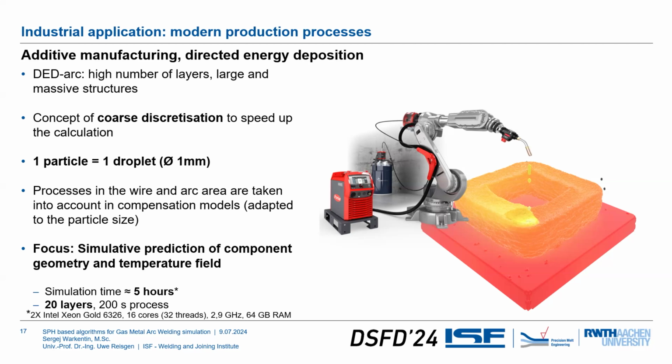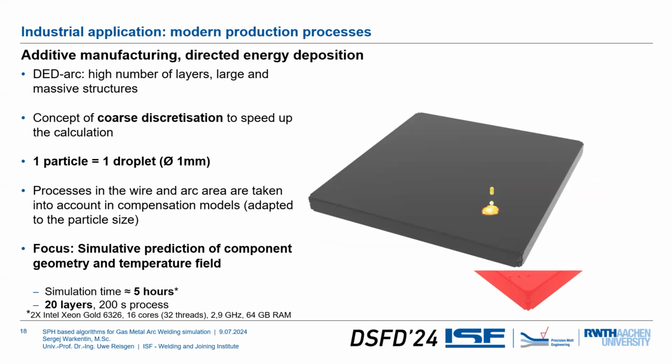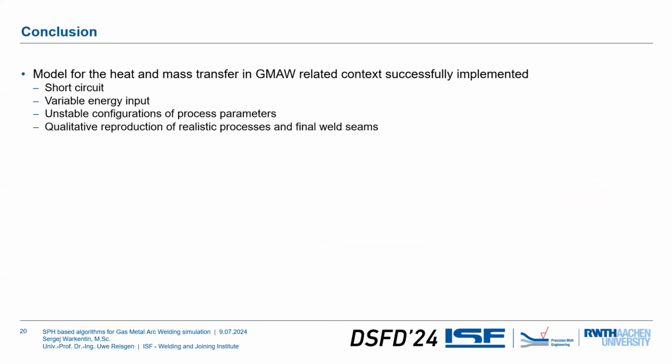With this example, we could obtain a result within 5 hours and generate a structure with 20 layers. I will not show you all of the 20 layers. To draw a conclusion, we saw a model for heat and mass transfer, and we saw qualitatively very comparable results for realistic processes and also for different weld seams.